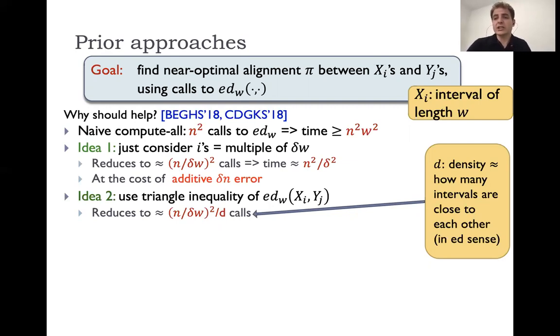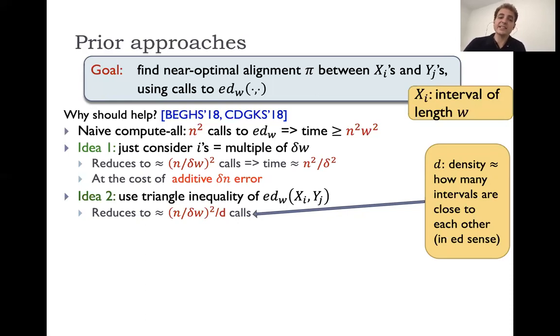Then you can actually reduce the amortized time, because if you look at one interval and compare it to many others that are close to it, then those intervals that are close to the first interval are also close to each other, up to a constant factor.